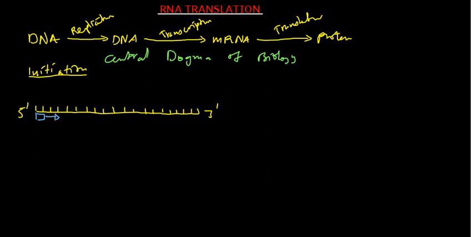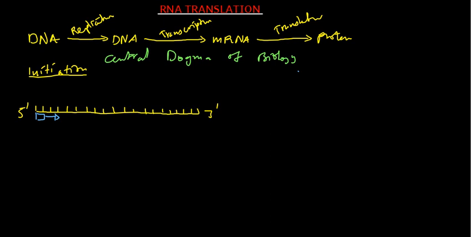As they are moving, on the mRNA we have got a set of nucleotides, what is called the genetic code. So the mRNA carries the genetic code. Genetic code is simply a sequence of nucleotides that codes for proteins.